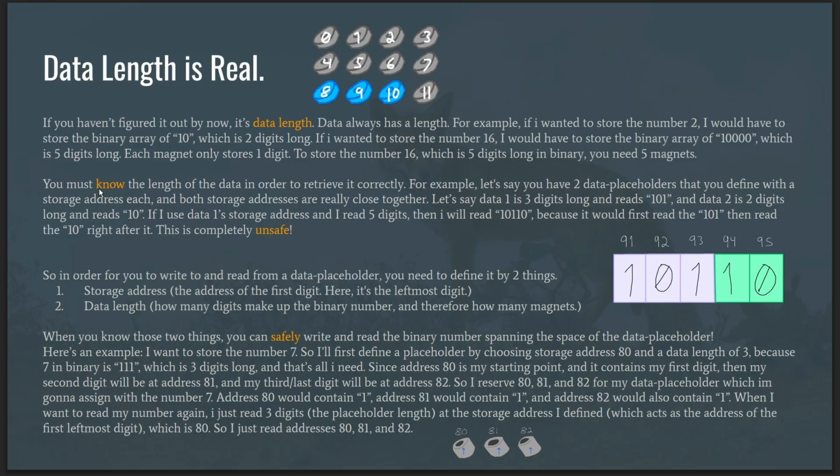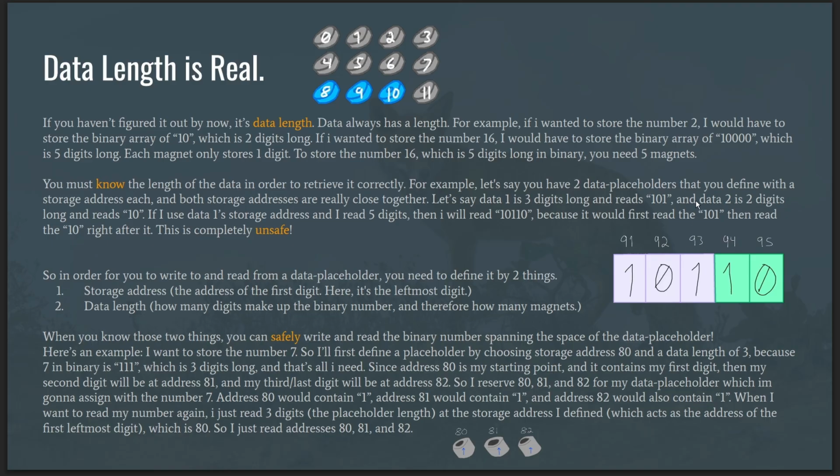For example, let's say you have 2 data placeholders that you define with a storage address each, and both storage addresses are really close together. Let's say that data 1 is 3 digits long and reads 101. This illustration corresponds to this, so it would be this one. So if this is data 1 and it's 3 digits long, it could be, just as an example, the memory addresses 91, 92, and 93.